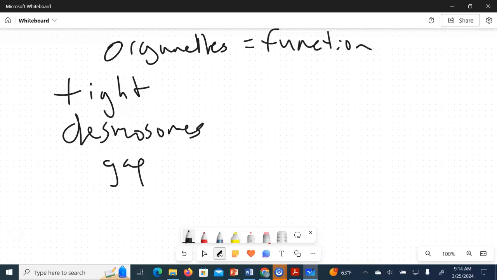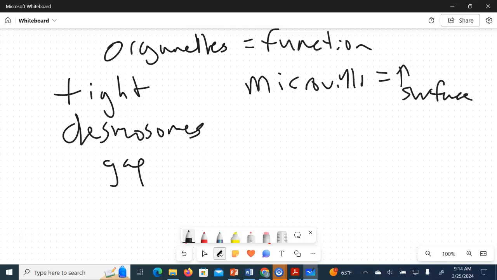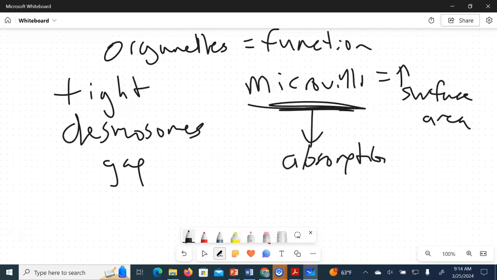We talked about cell extensions. One sort of running thing that's going to come up repeatedly through the semester is the idea of microvilli. Microvilli increase the surface area of a cell. Anytime you see microvilli in the cell, it's there to increase the surface area because we want to move something across that cell.